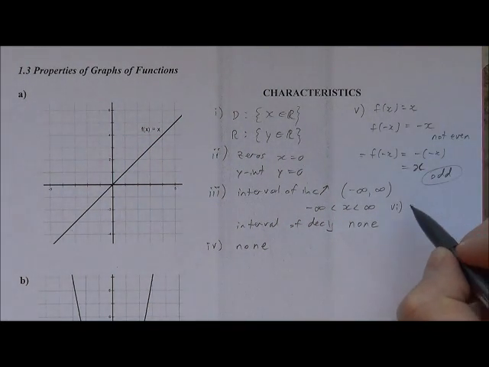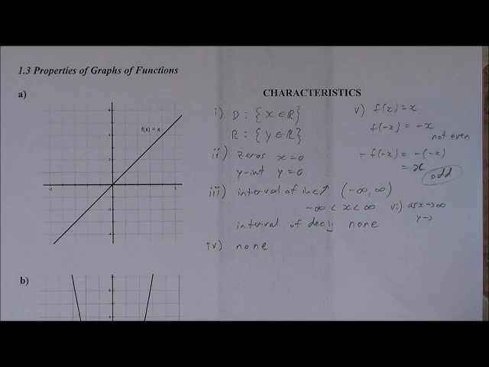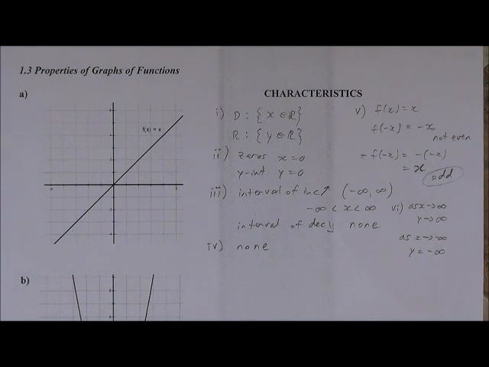So we see here as x approaches infinity, y also approaches infinity, and as x approaches negative infinity, y approaches negative infinity. Okay, so those are the end behaviors of the graph.